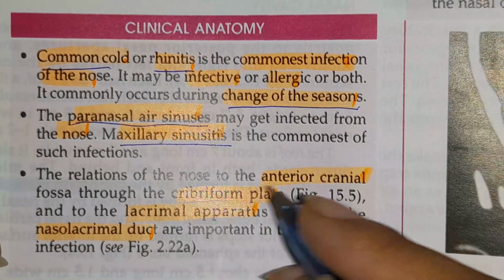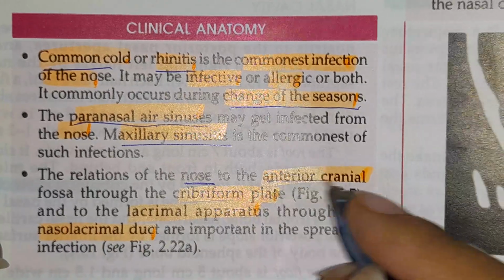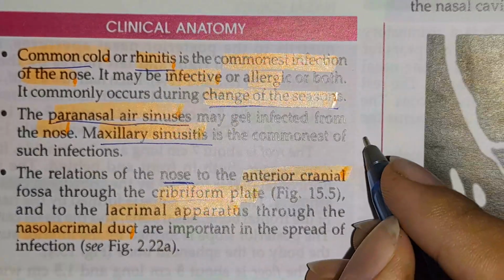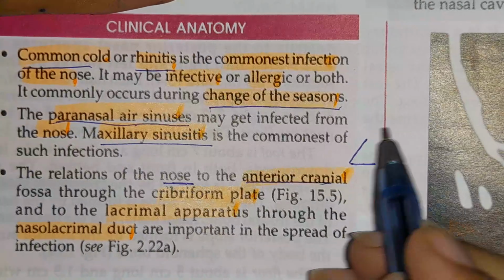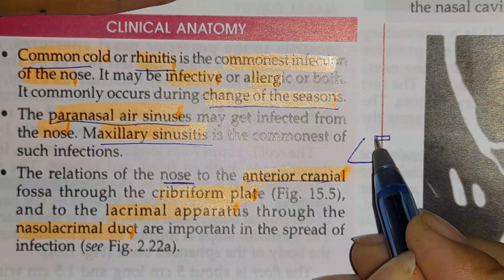Then they are saying that the nose is related to the anterior cranial fossa. How? I told you that in the upper portion of the nose, or the roof of the nose, you have the cribriform plate in the middle.